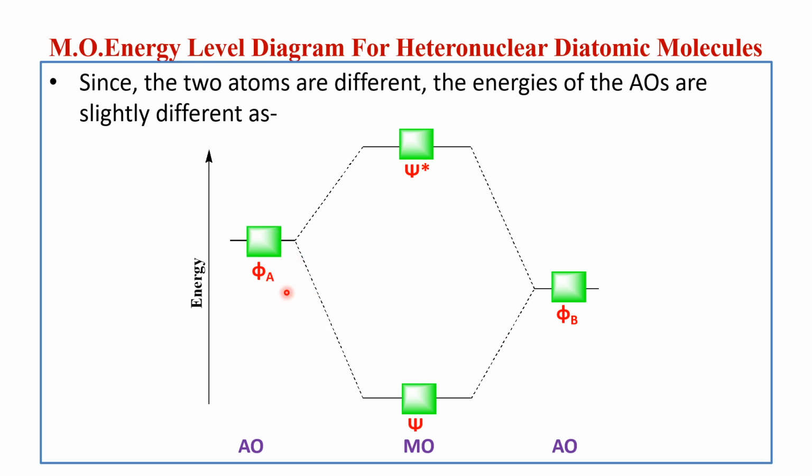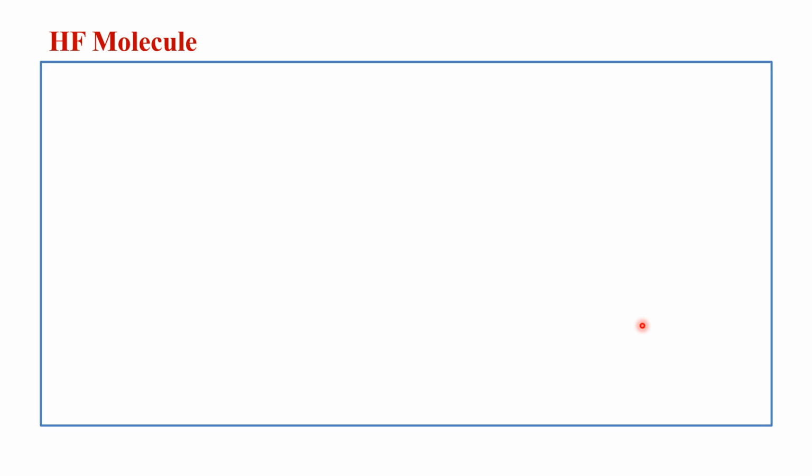So we have phi A shifted to the upper side and phi B shifted to the lower side, as their energies are different. This is the difference between the homonuclear and the heteronuclear diatomic molecules. So let us take a first example. The first example of a heteronuclear diatomic molecule is the HF molecule. So what is this HF molecule?